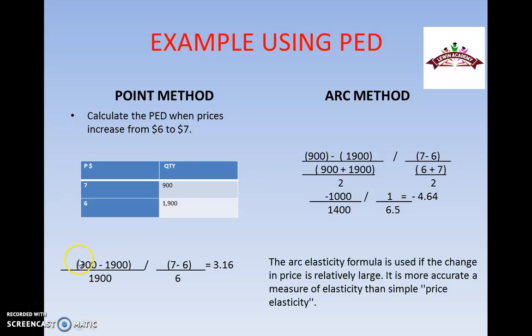So we say 900, which was Q2, minus 1,900, which is Q1, all divided by Q1, 1,900. And then we divide all of this by the change in price: P2, 7 minus 6, all divided by P1, which is 6.